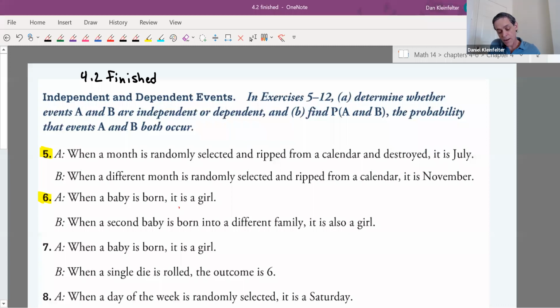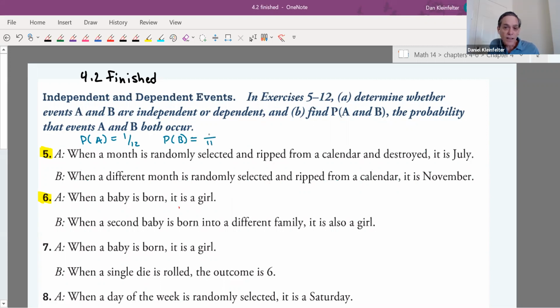So the probability of A occurring is going to be 1 out of 12. July is one of the 12 months. And then for B, when a different month is randomly selected and ripped from the calendar, it's November. So the calendar only has 11 months left, right?